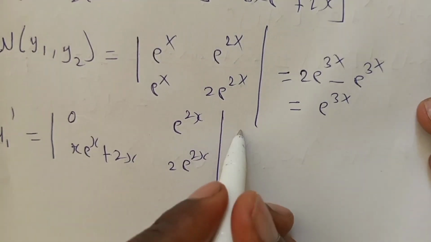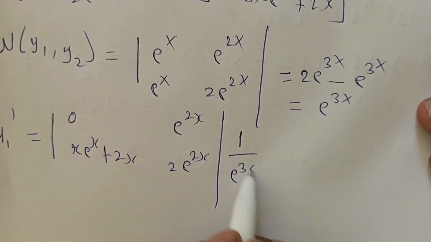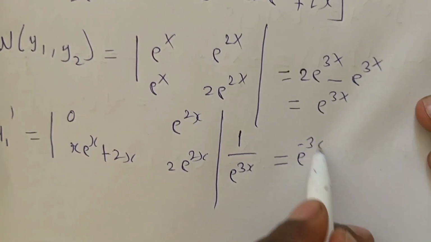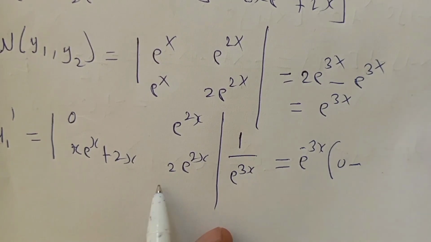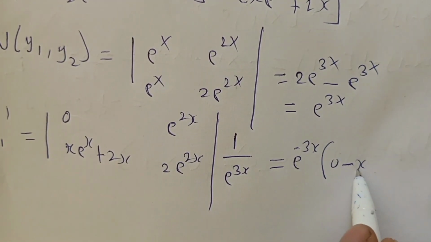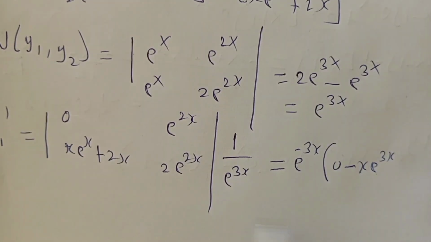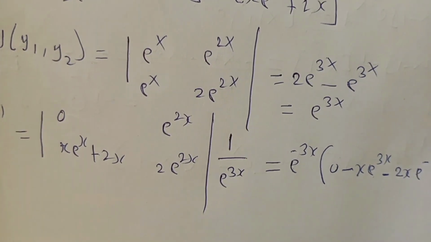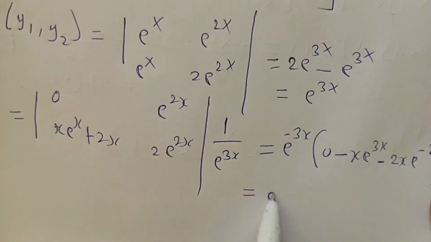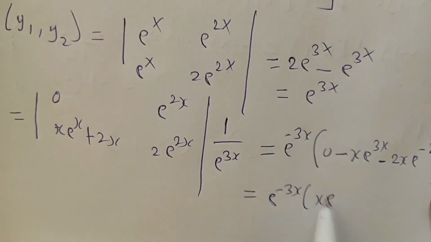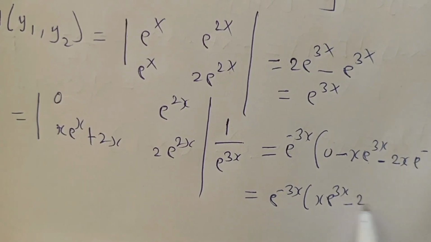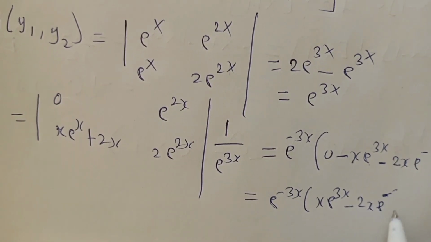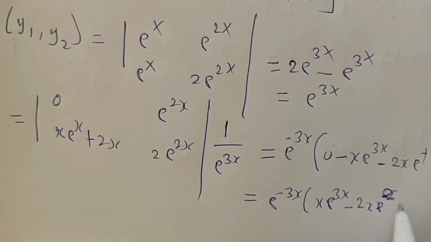This of course will be over the Wronskian, which is exponential 3x, so this is equal to exponential negative 3x, taking the Wronskian, into bracket 0 minus x exponential 3x minus 2x, which is equal to exponential negative 3x into bracket x exponential 3x minus 2x exponential 2x.